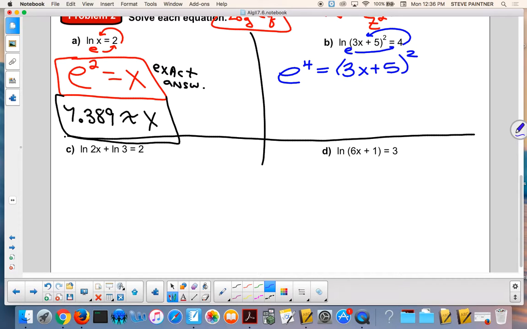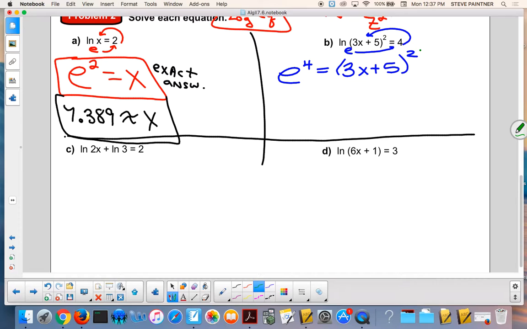Now, I would not FOIL that out, because if you FOIL that out, you're going to have a quadratic equation, and you're going to be stuck using the quadratic formula because it's not factorable. You can solve right now for x if you just do what? Square root. Yeah, get rid of that little square. Take the square root of it.